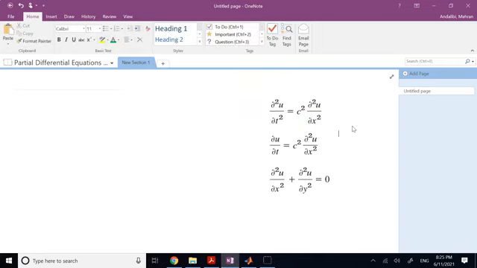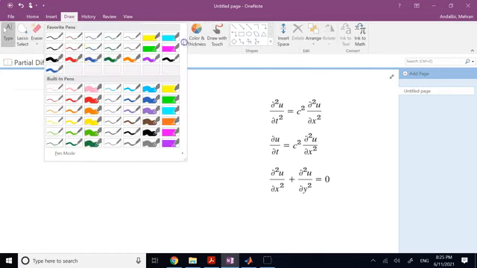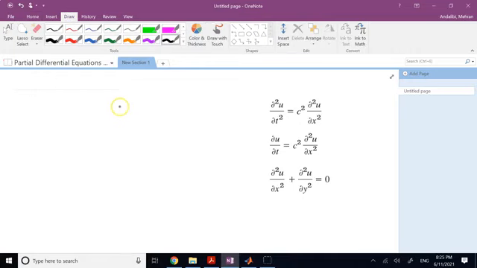Let me write it down for you. So this is the 1D wave equation.